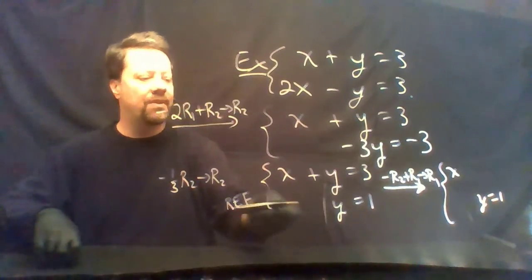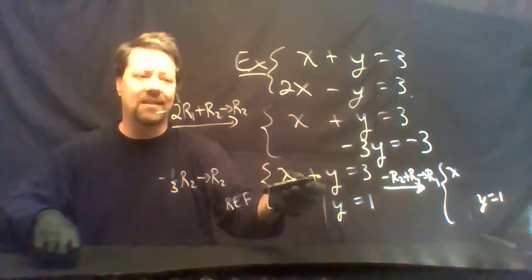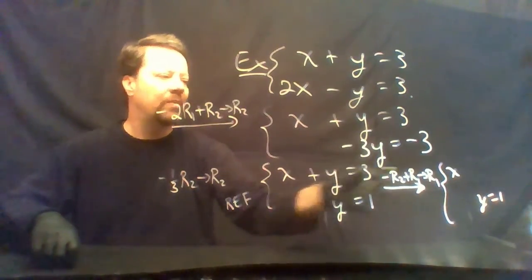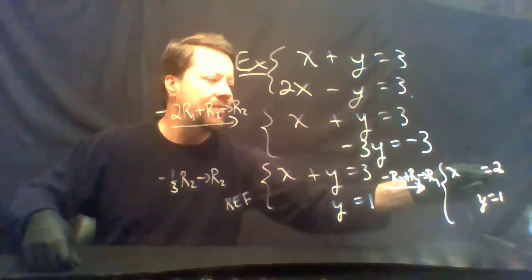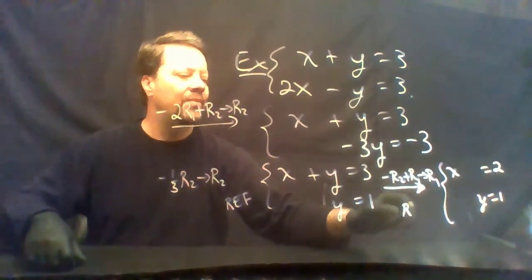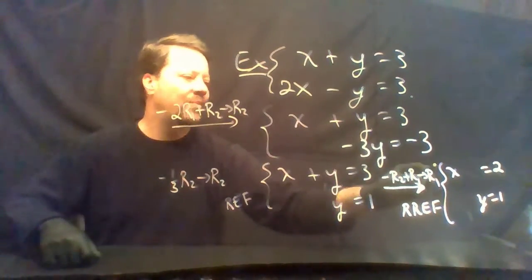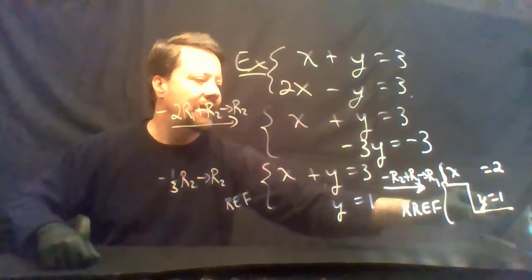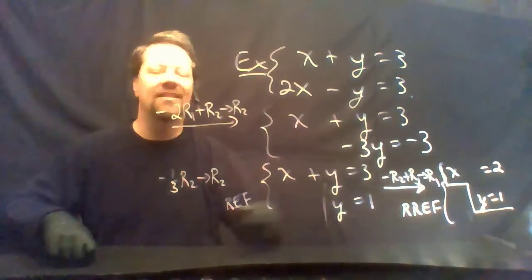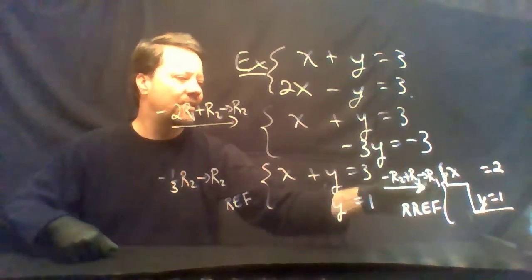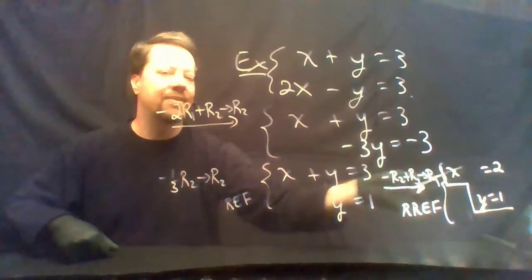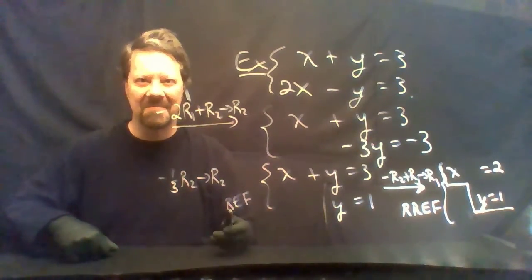On the first row, we'll have -y plus y cancels out, and -1 plus 3 equals 2. We're now in reduced row echelon form, with leading ones trailing off to the right, zeros below leading ones and zeros above leading ones.